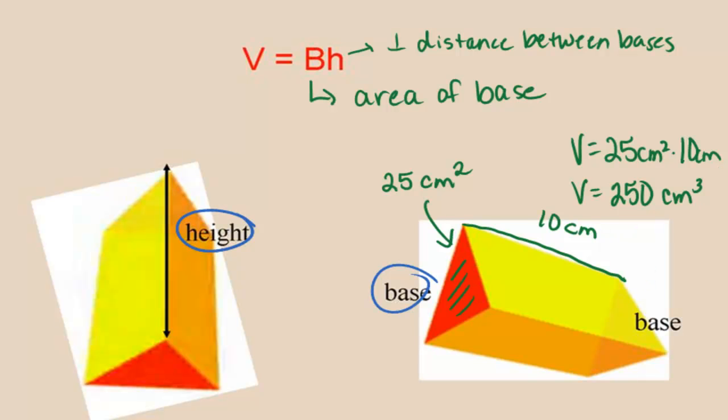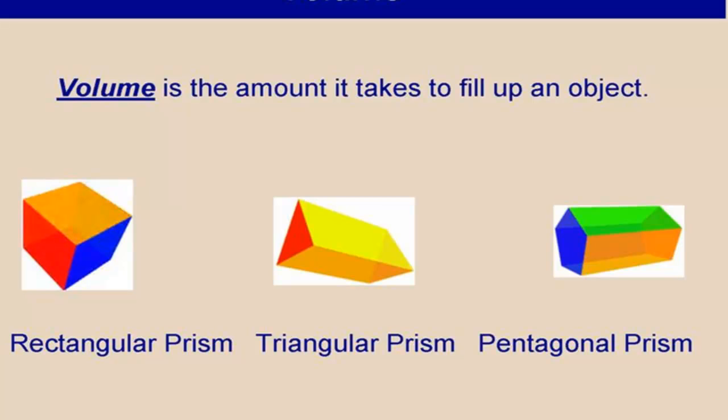So let's look at some other examples. So here we have a pentagonal prism. So let's say the area of one of the pentagons is 40 inches, and would that be inches squared, or inches cubed for area? Inches squared, right? And then let's say the height, the distance between the two bases, is 5.